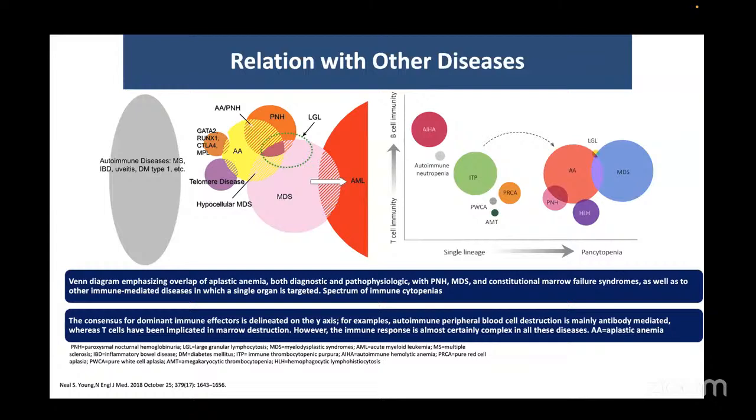So the relationship between aplastic anemia and PNH is multifaceted. We have to monitor the PNH clone right from the diagnosis of aplastic anemia till the treatment, and even post-treatment we are supposed to monitor. And on the left side, we can see the genetic biomarkers such as GATA2, RUNX1, CTLA4, and MPL.